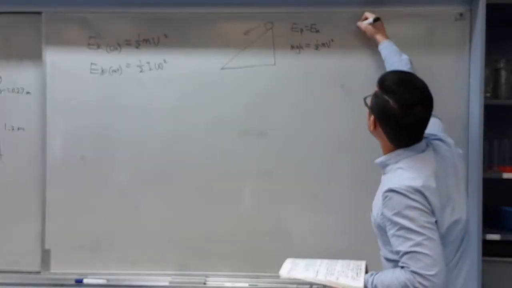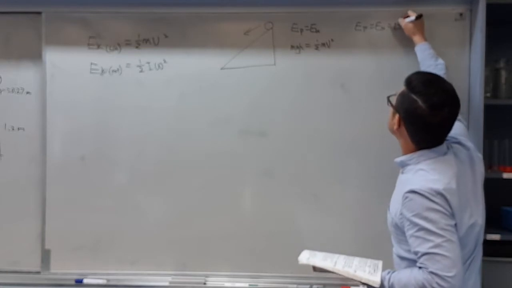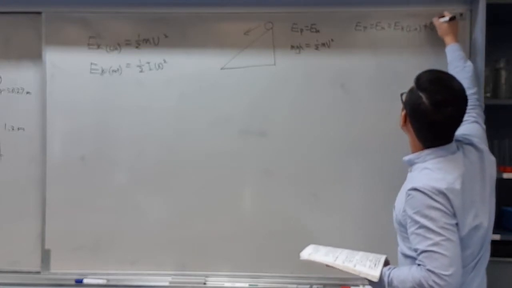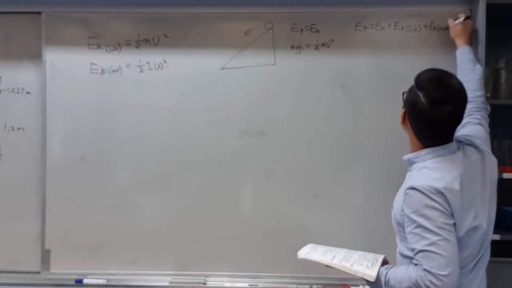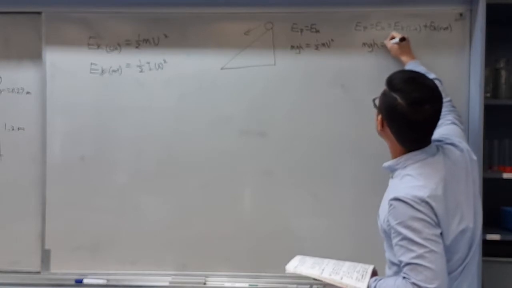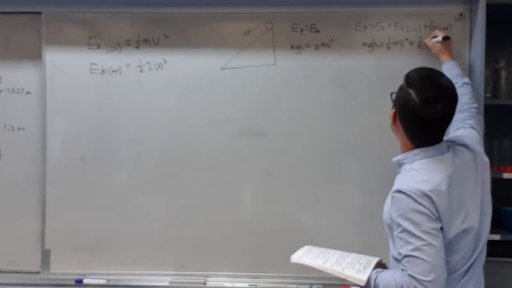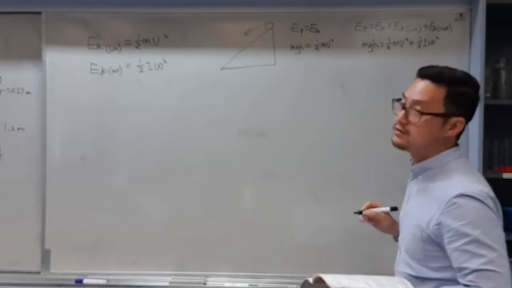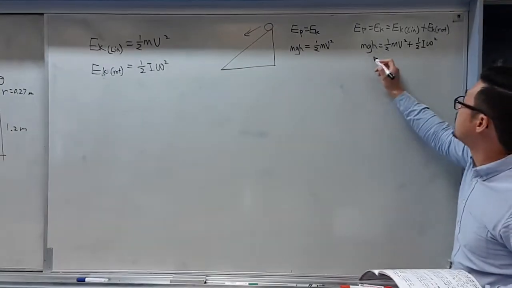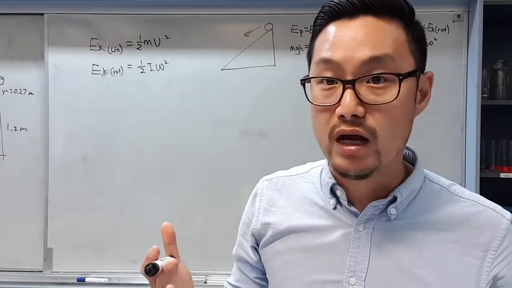This year, E_P still equals E_K, but E_K is E_K linear plus E_K rotational. So mgh equals half m v squared plus half I omega squared. This is the new equation we'll use to calculate this type of question.